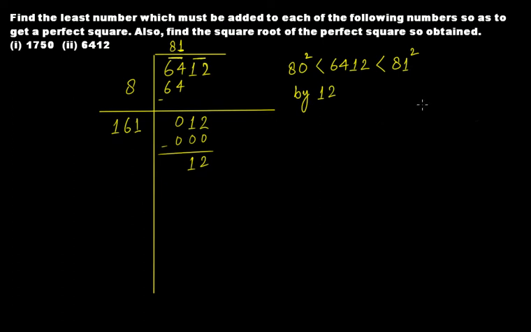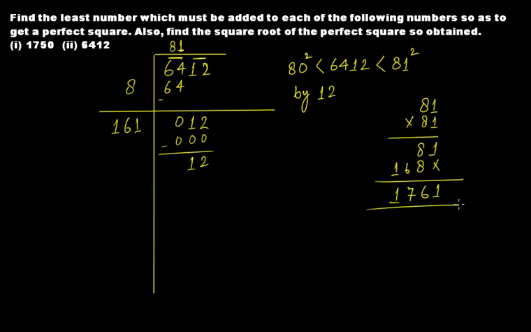It means that if you find 81 squared, you get... 81 squared is, sorry, 1 times 1 is 1, 8 times 8 is 64, I'm sorry, it was my mistake. 8 times 1 is 8 and 8 times 8 is 64.